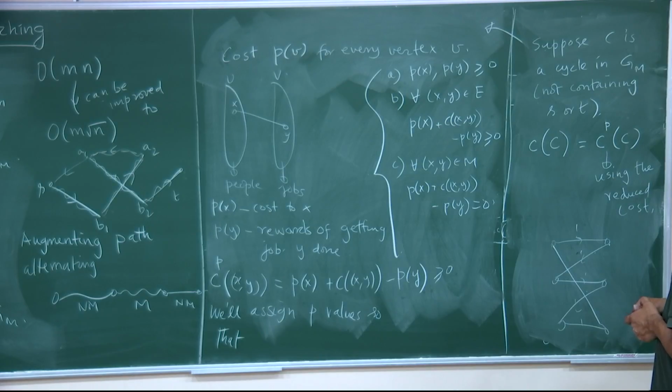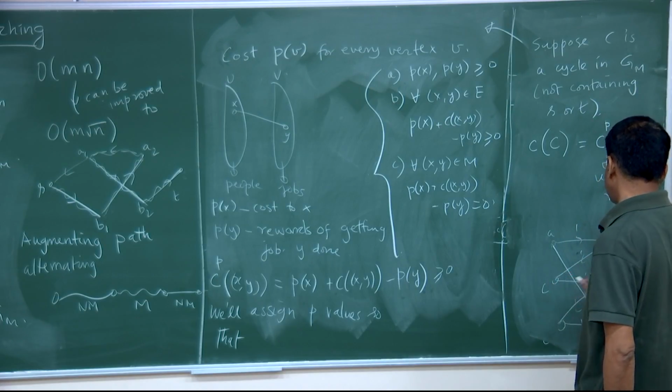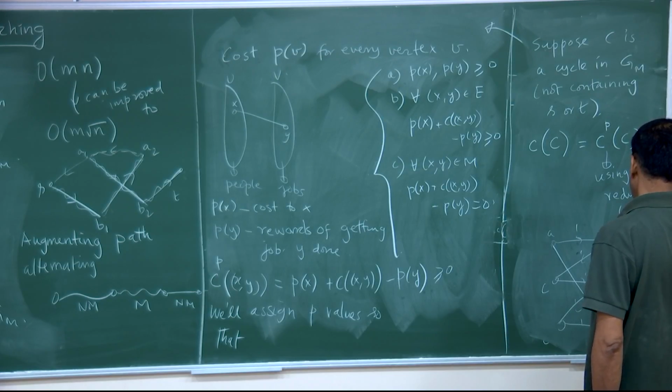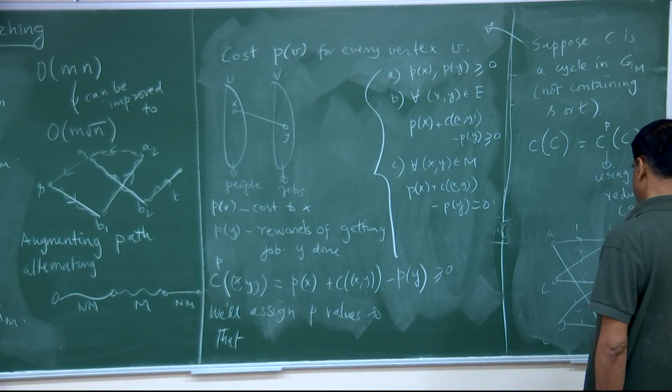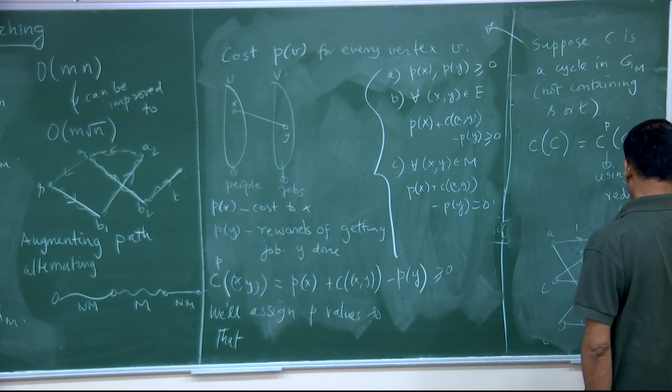Right? Because if I add A, B, C, then I will have p_A plus c_AB minus p_B, plus p_B plus the cost of BC, minus p_C, and so on. So p_B cancels out, and since it's a cycle, it comes full circle and all the p's cancel out.